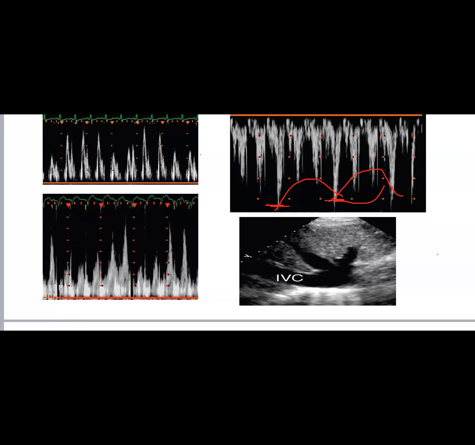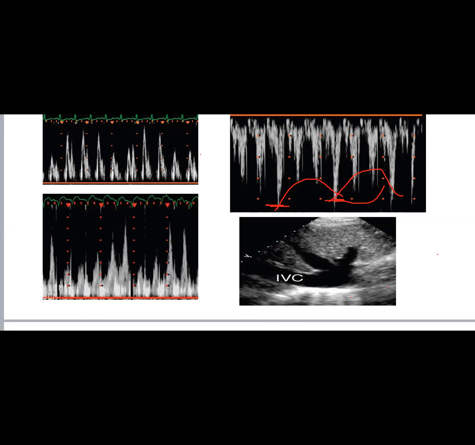It is respirophasic. The changes are respirophasic, so it decreases at some respiratory phase and increases in another. During the time when it's low, that's the inspiratory phase. So the LVOT velocity decreases during inspiration, and that is tamponade physiology. And the clinical sign which is equivalent to this one is what?